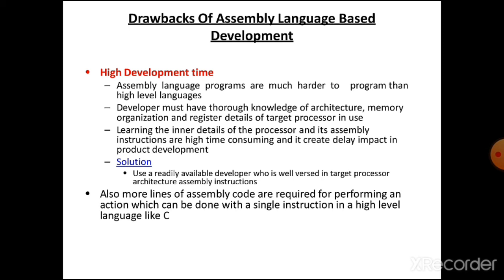Learning the inner details of the processor and its assembly instructions is highly time consuming, and it creates a delay impact in product development. So the solution is to use a readily available developer who is well versed in the target processor architecture and assembly instructions. Also, more lines of assembly code are required for performing an action which can be done with a single instruction in a high level language like C.